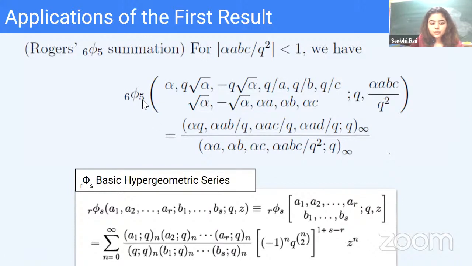So here 6phi5 has 6 parameters of this form and 5 parameters here. And as we have seen in the theory of basic hypergeometric series, Rogers' 6phi5 summation has proven to be quite useful. We can derive many important results using this.